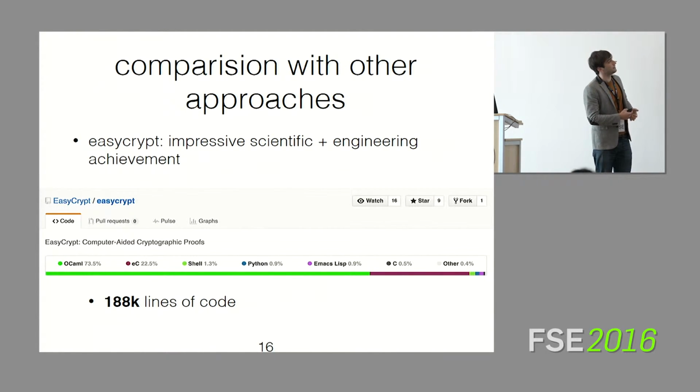EasyCrypt is a complex and impressive achievement, let's say. And last time I checked, it was around 180,000 lines of OCaml code.